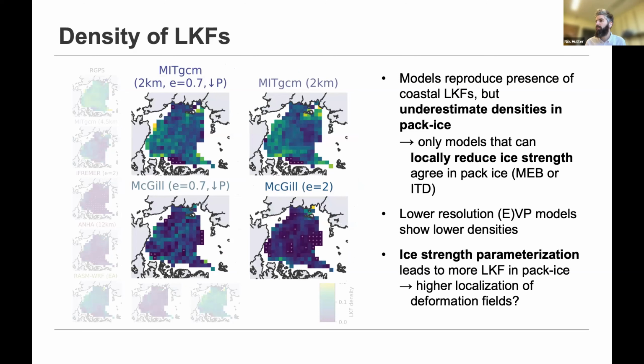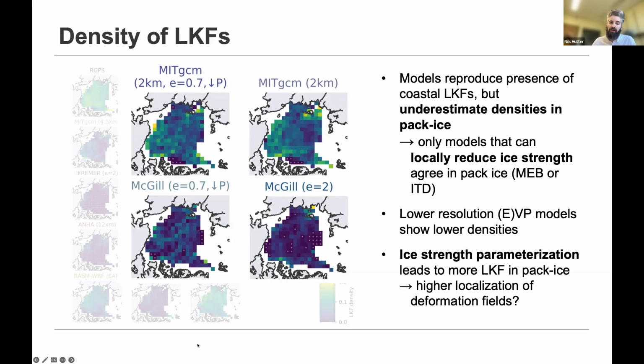We had a couple of simulations that were run with the standard ellipse ratio of 2, and a few simulations where this ellipse ratio was reduced alongside reducing the P. By reducing the ellipse ratio, we found that at least in the low resolution case, like here for the McGill model in the lower panel, we are able to increase the LKF densities also within pack ice. It's not as obvious in the high resolution case, but we were wondering whether these more LKFs in pack ice point towards higher localization in the deformation fields.